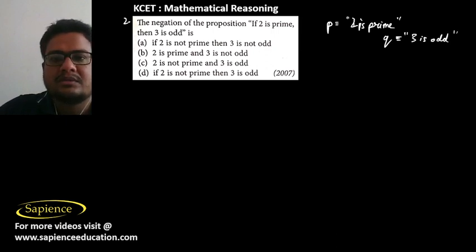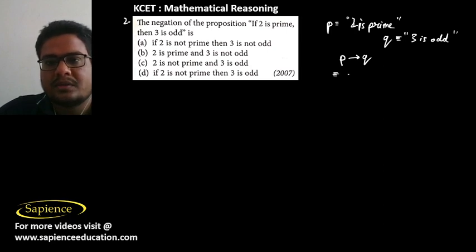So the given statement is, if 2 is prime, then P is odd. It means that if P, then Q. So if P then Q is equivalent to not P or Q.